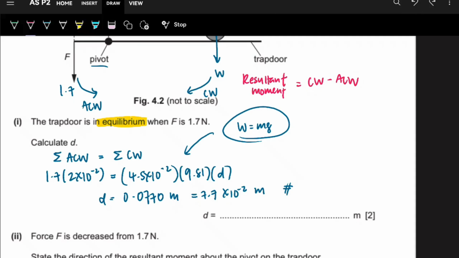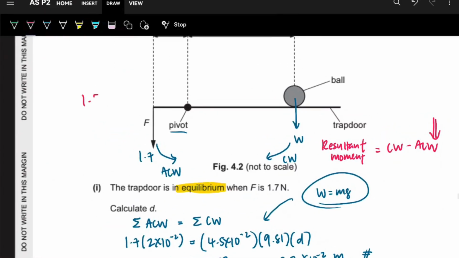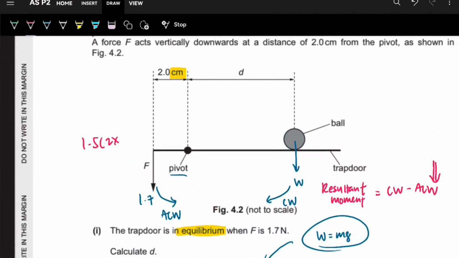So now, your 1.7 Newton is decreasing. That means your anti-clockwise moment will decrease. If you're not sure whether it will decrease or increase, don't worry. Take out your calculator. Try taking 1.5 times 2 times 10 to the power of negative 2, then 1.1 times 2 times 10 to the power of negative 2. You realize the moment will be decreasing.